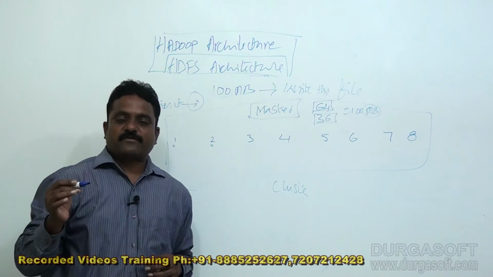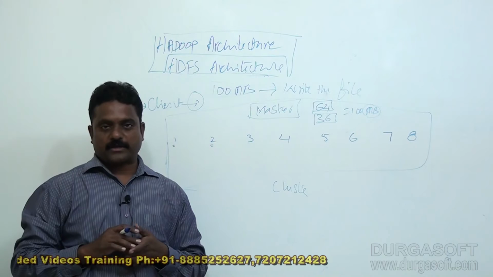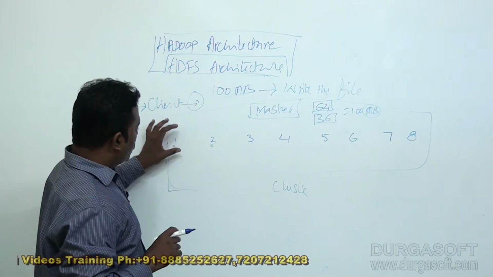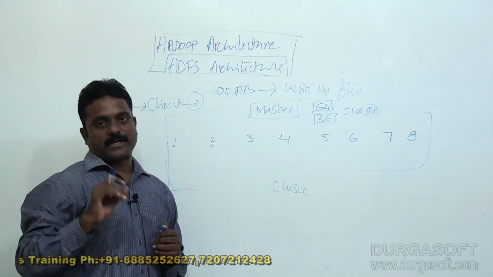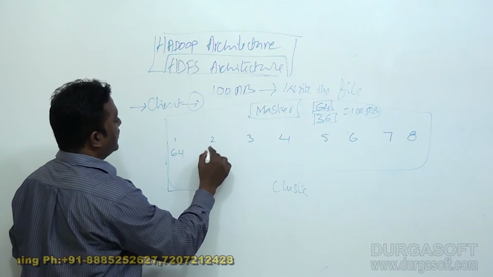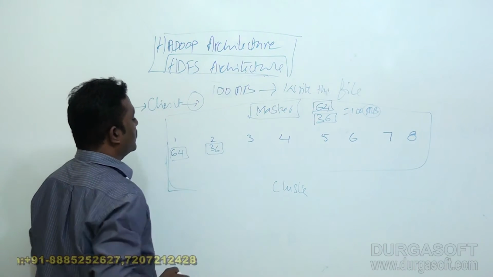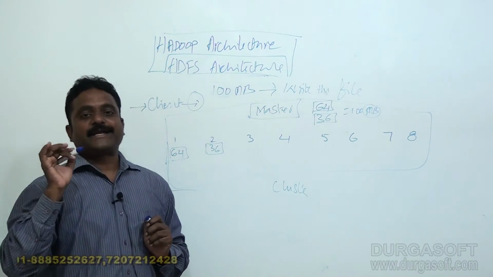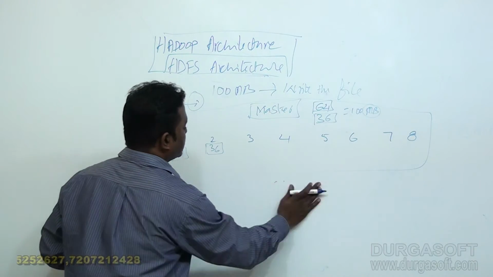Now it has to check whether the space is available or not. Let's say these are closer systems and space is also available. So the 64 would be written here and the 36 would go onto the next node. The writing of the data would happen in parallel.